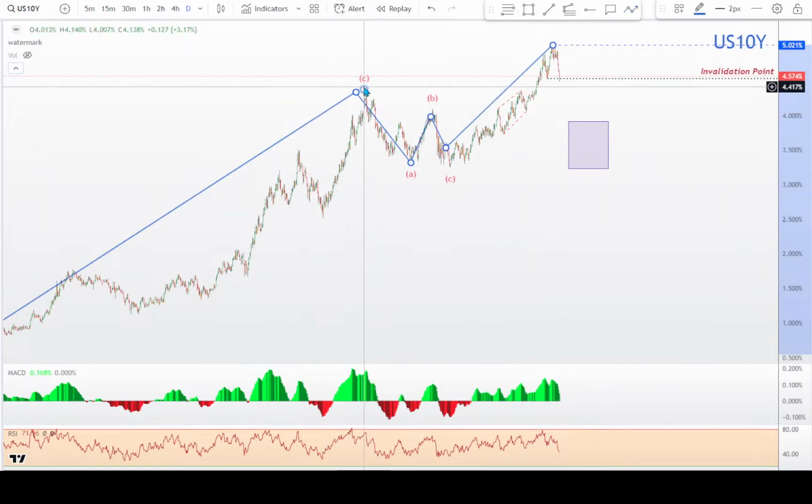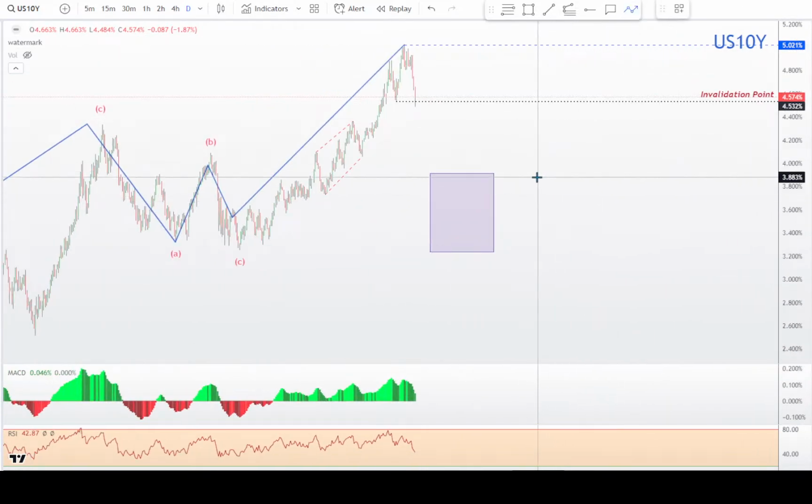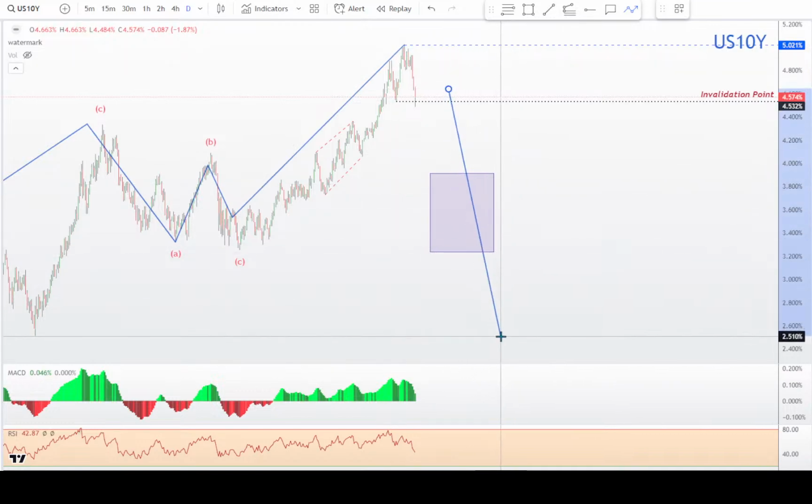So all in all, this is A, B, C. And so at a minimum, I'm expecting the 10 year to come down to 392. Could even fall to 324, but it could come way down. But at a minimum, it should be coming down to 392.